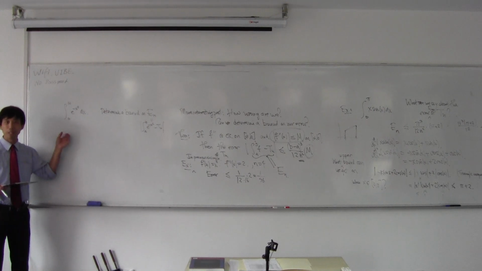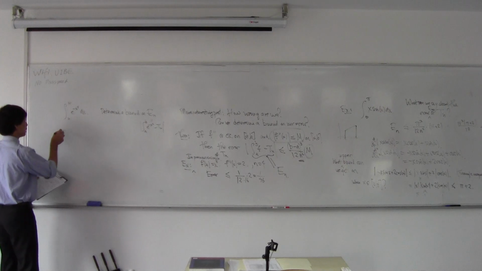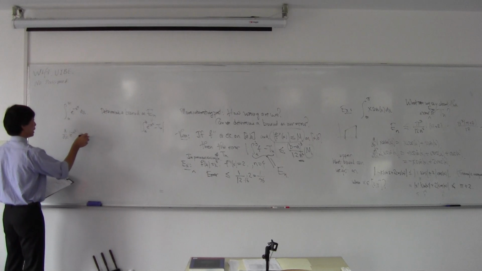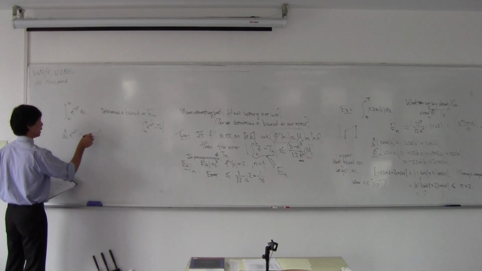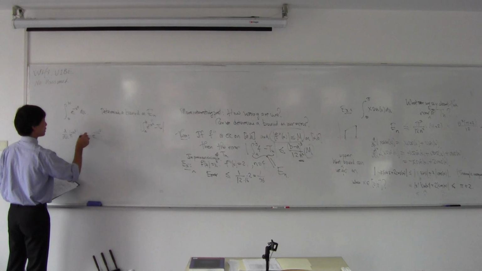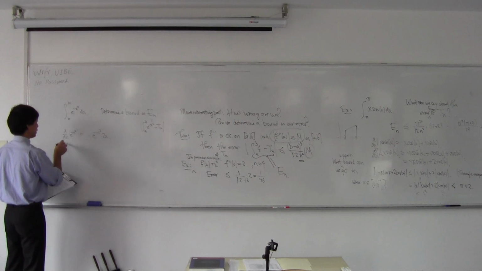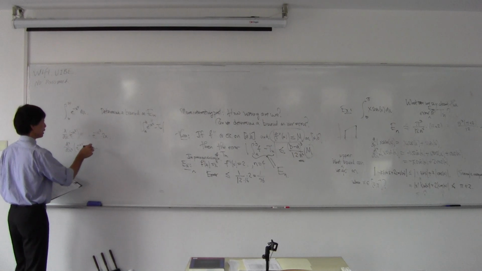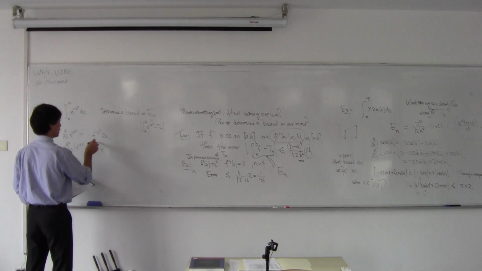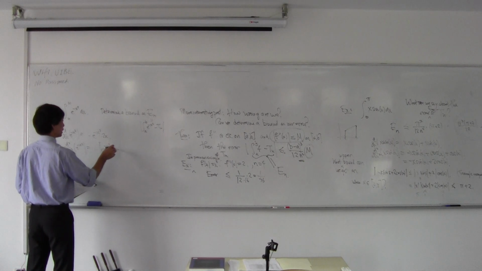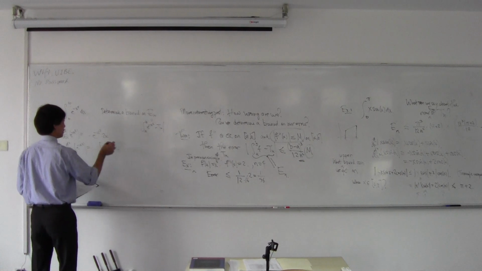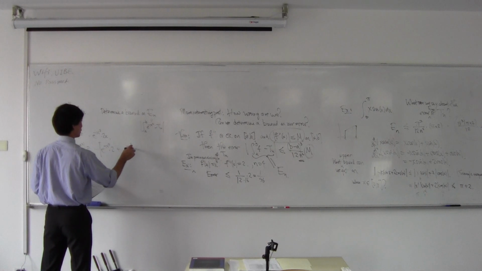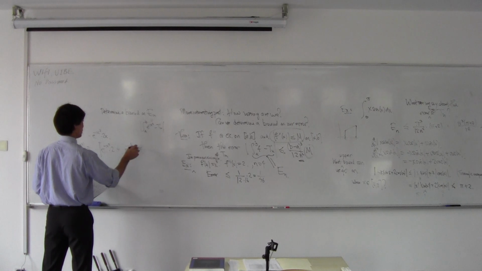Again, we need to take the second derivative, right? So the first derivative is going to be e to the negative x squared times negative 2x. The second derivative is going to be negative the first guy times the derivative of the second guy plus the derivative of the first guy times the second guy.